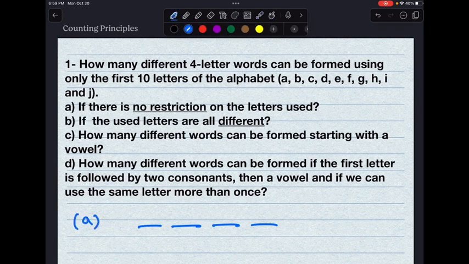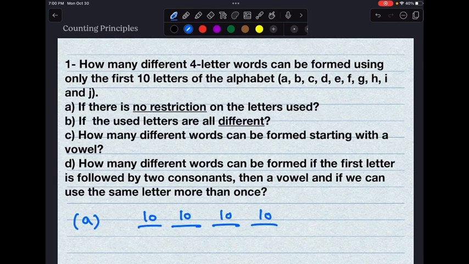For part A, we can use 10 letters as the first letter. It can be any of those letters A to J. What about the second one? Again, 10 cases, 10 different letters. Okay, 10 here and 10 here. So for part A of this question, there is an order and we have repetition.